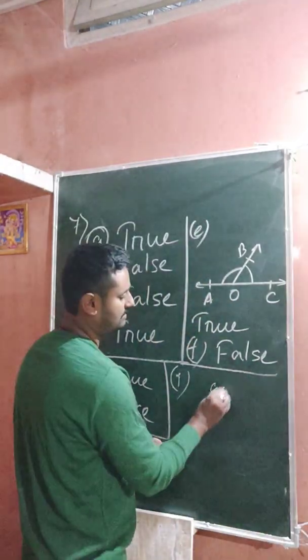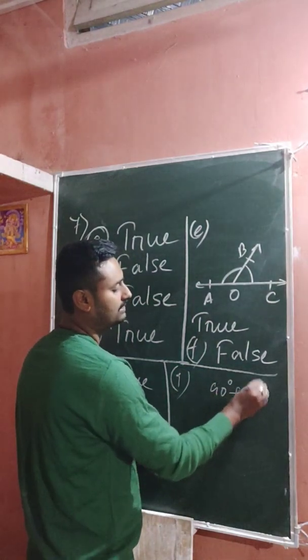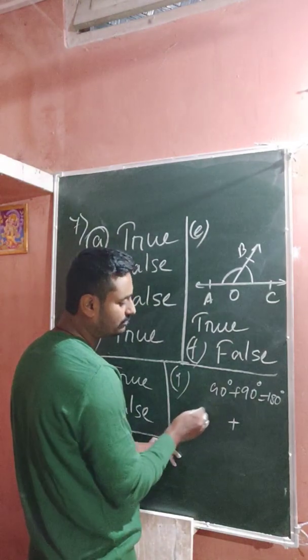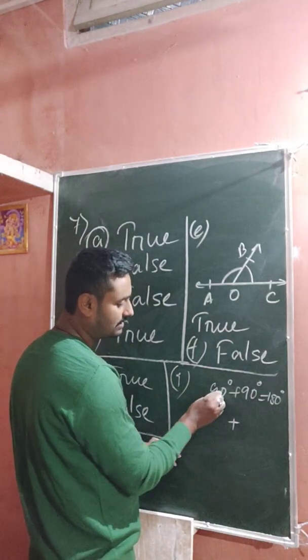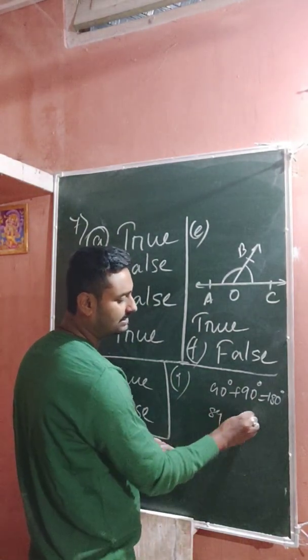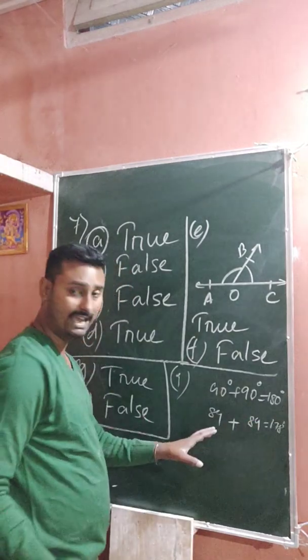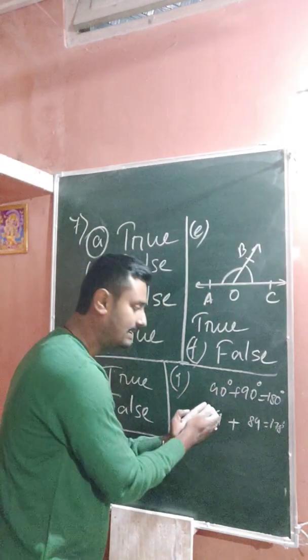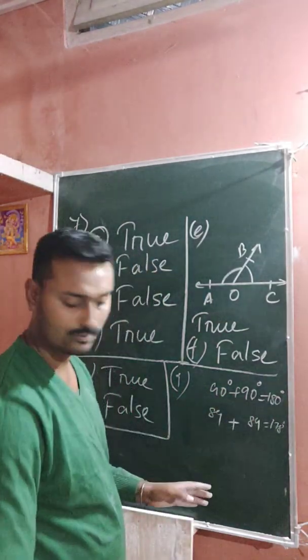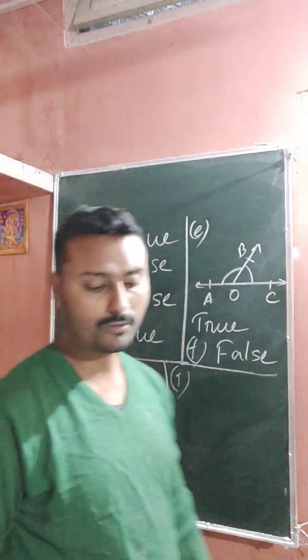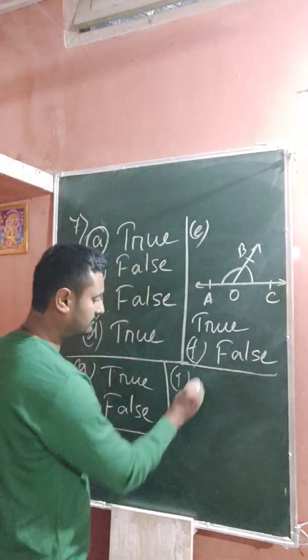If you add 90 plus 90, the value is 180. If you add two angles less than 90, suppose 89 and 89, the value will be 178. If the sum is less than 180 degrees, it cannot form a reflex angle. So I is false.